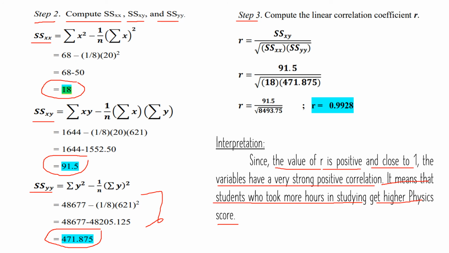That is a very strong positive correlation because the absolute value of R is approximately equal to 1, and the sign of this R is positive.